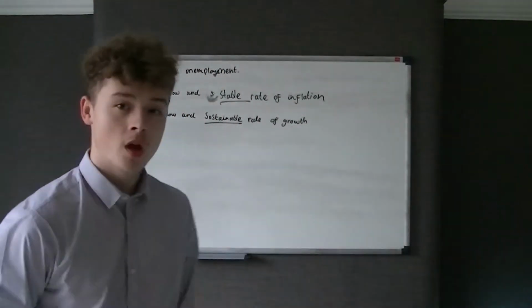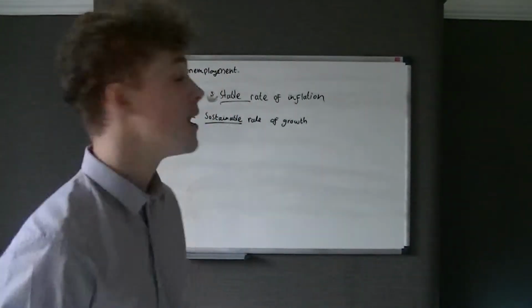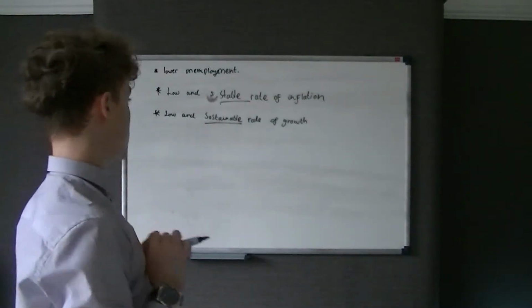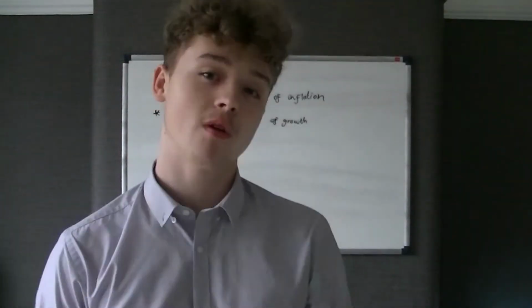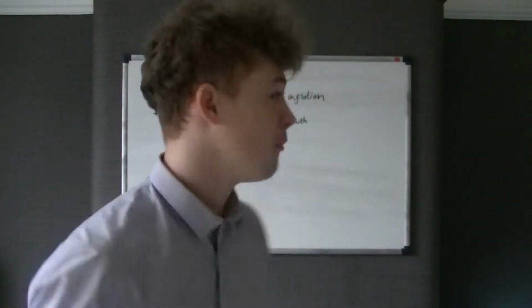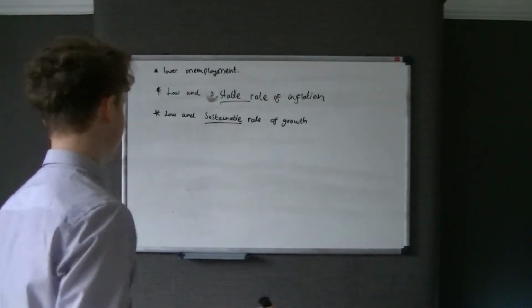So, what does sustainable and stable, do we need them words? Well, yes you do, because sustainable rate of economic growth, as we know, economic growth eats into our scarce resources. So if we use all of them now, there's not going to be enough for future generations. But we'll talk about economic growth in our next video.